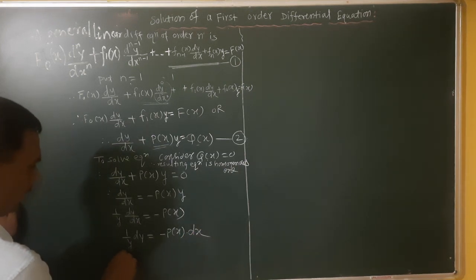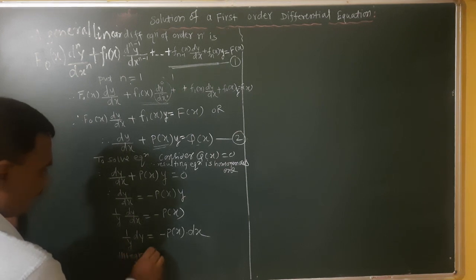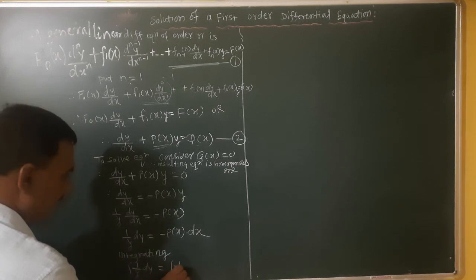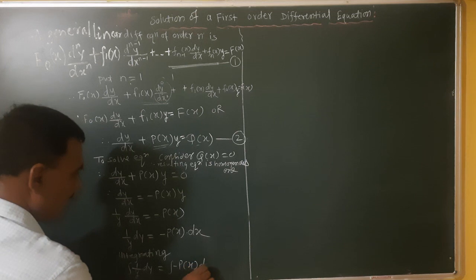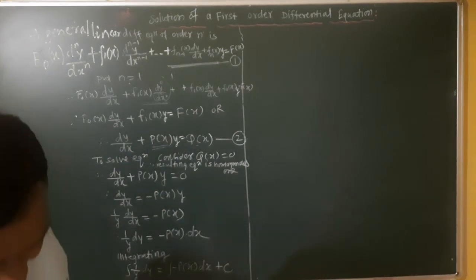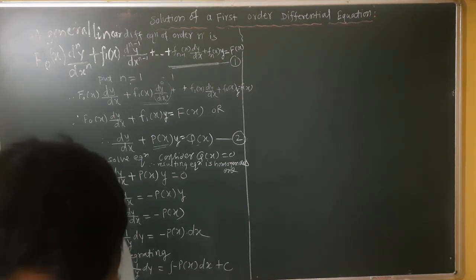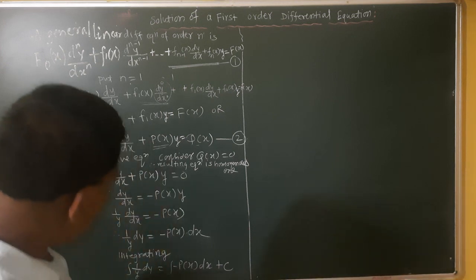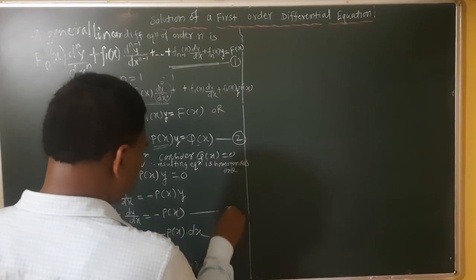Integrating the above equation, we get the integration of 1 upon y into dy is equal to minus integration of p of x into dx plus a constant of integration c.